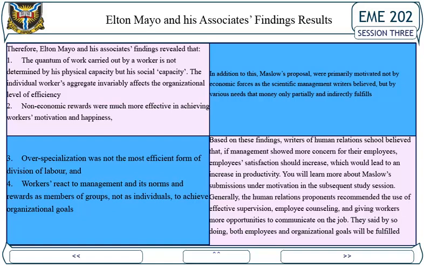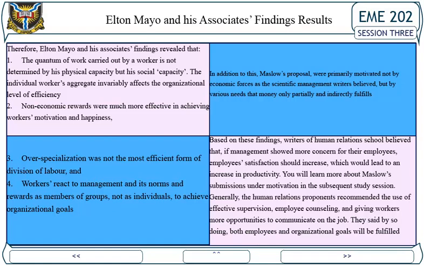The human relations movement emerged in reaction to the failure of the previous movements to fully appreciate the human element as a major factor in organizational effectiveness.